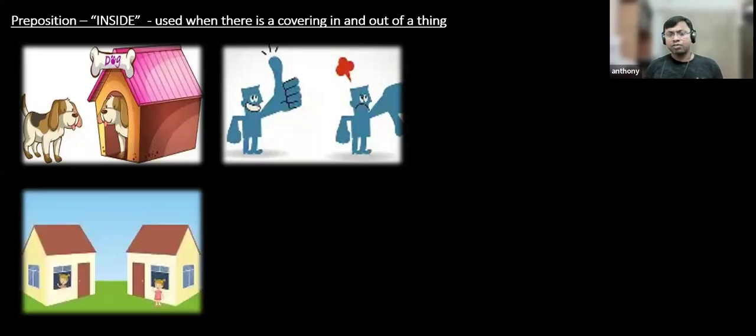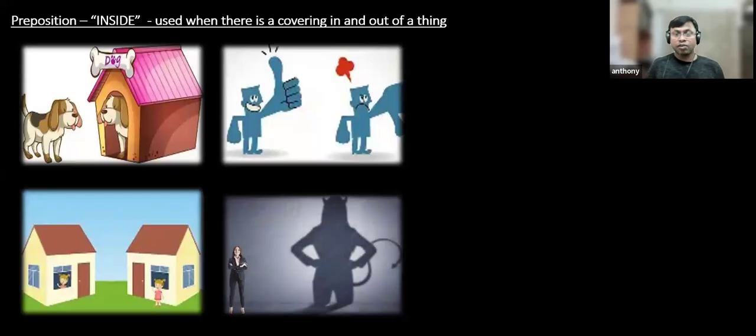Baby is in the house. Baby is inside the house. In the house also sounds very correct. But when you definitely talk about covering, you want to talk about covered, something like that: baby is safe inside the house. So baby is outside the house. Now this one also is something about the character. Inside character, outside character.